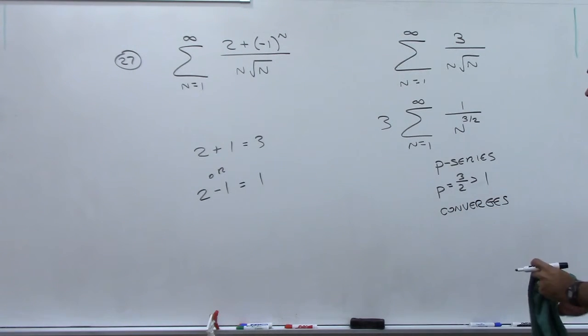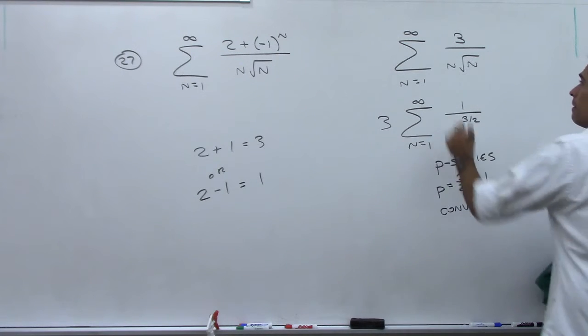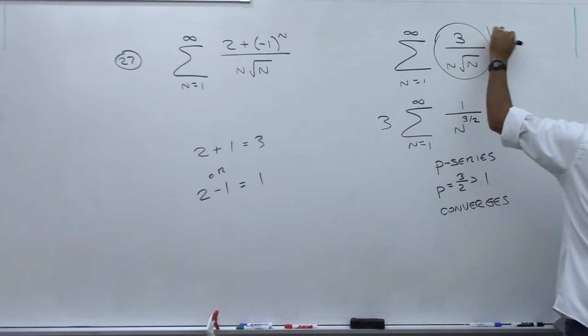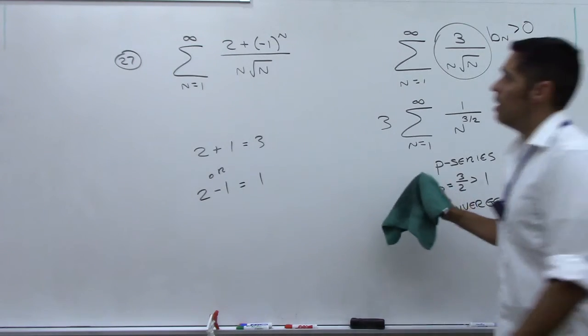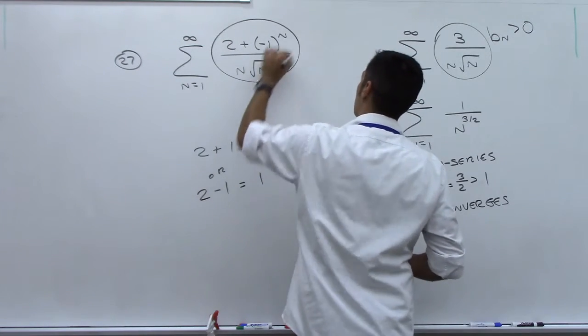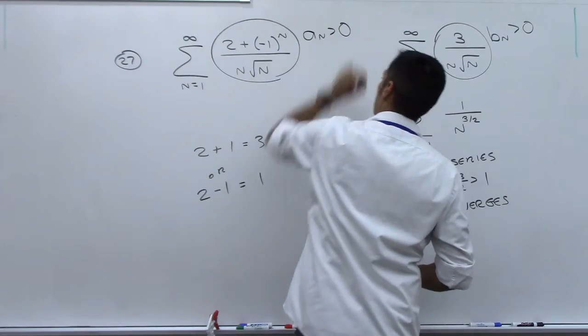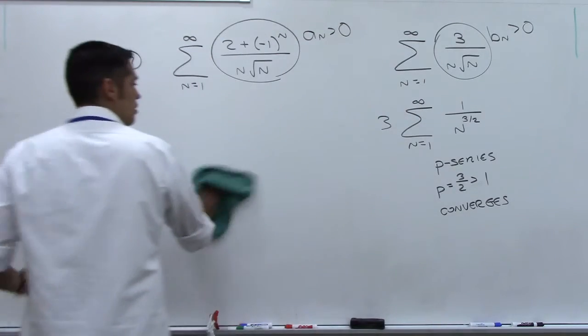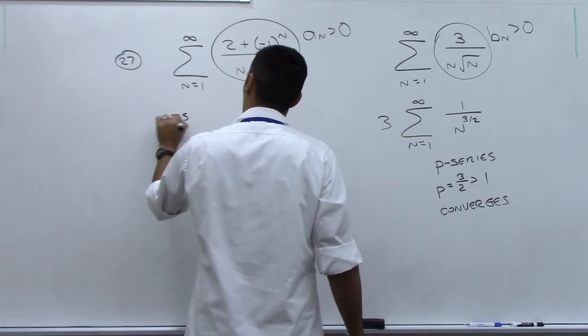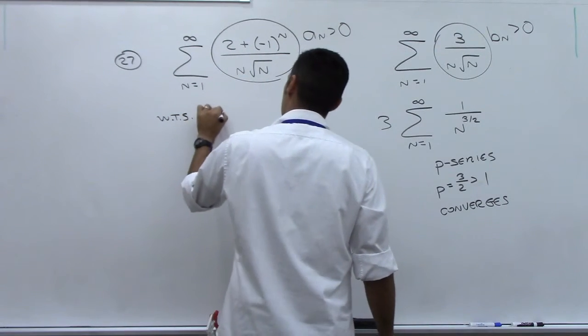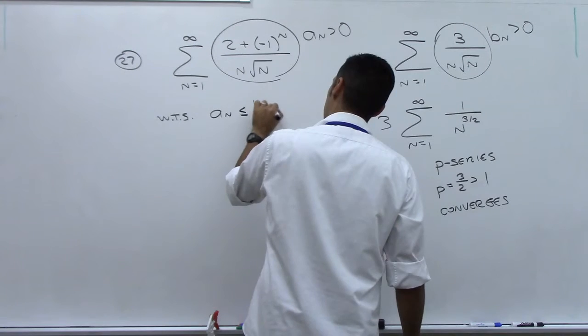Which means I'm going to need to somehow show that this guy right here, which is positive, since this converges, I need to show this, which is also positive, stays smaller than that one. That a sub n somehow is always less than or equal to b sub n.